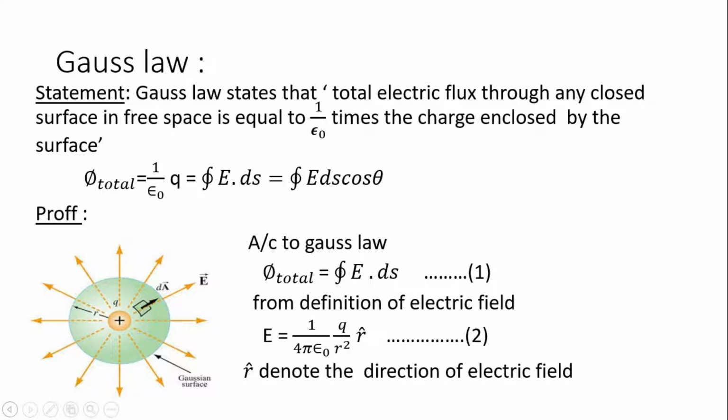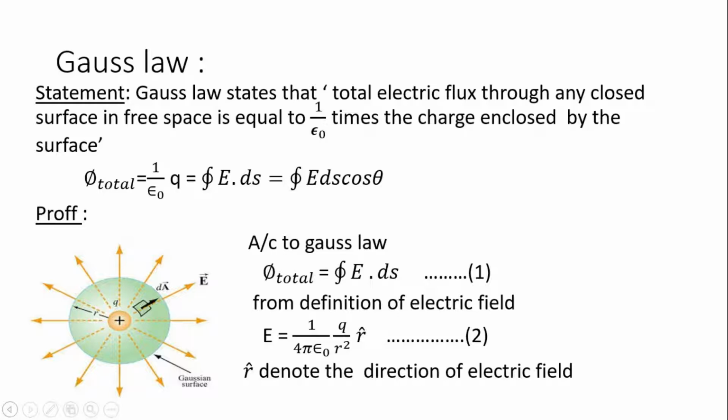According to the Gauss law statement, the total electric flux will be 1 by epsilon naught times the charge enclosed by the surface. What is the charge enclosed by this surface? That is positive plus Q, right? So 1 by epsilon naught times Q. We can write that the integral over the closed surface, E dot dS. E dot dS is E dS cos theta, right? So we can write this as the statement of the Gauss law.